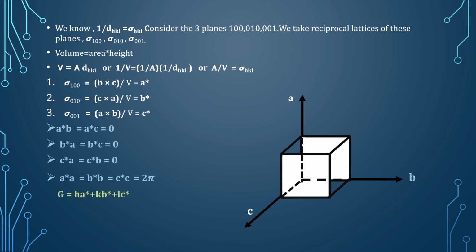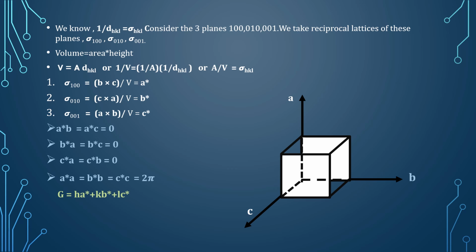We know that 1 by d_HKL is equal to sigma_HKL, the reciprocal lattice vector. Consider three planes 1, 0, 0, 0, 1, 0 and 0, 0, 1 of a simple cubic lattice, and the corresponding reciprocal lattice vectors represented by sigma_100, sigma_010 and sigma_001.